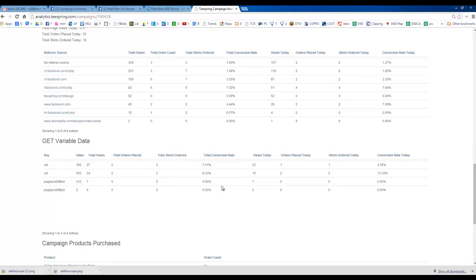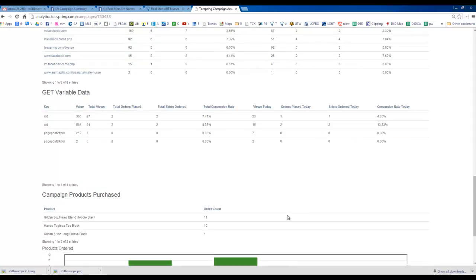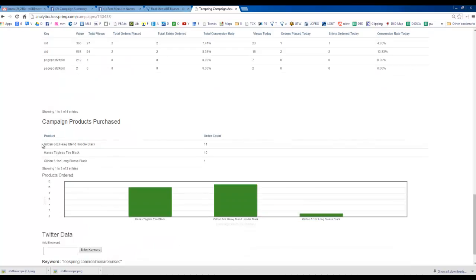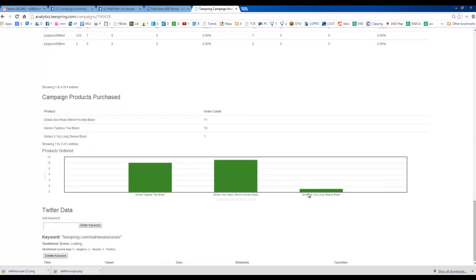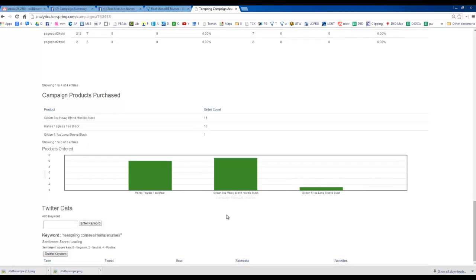And here, I'm really not sure how to interpret that. As far as sales go, it looks like about half of the sales are hoodies, and the other half are the Hanes tagless tee, and one sale of the long sleeve. And that's it.